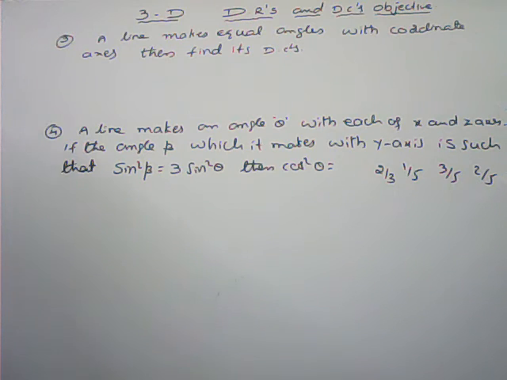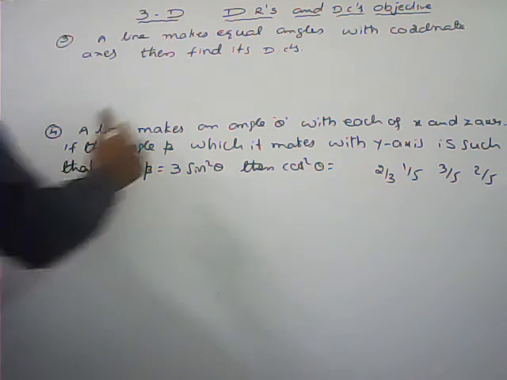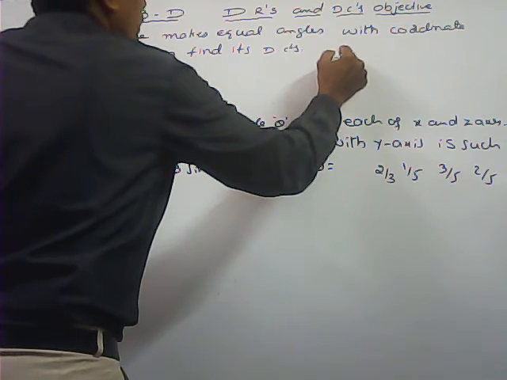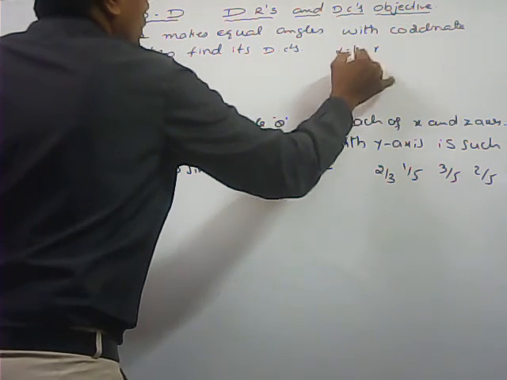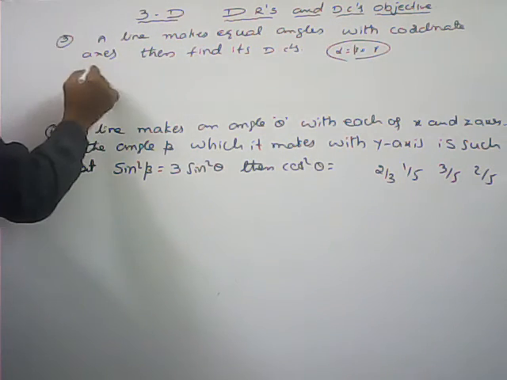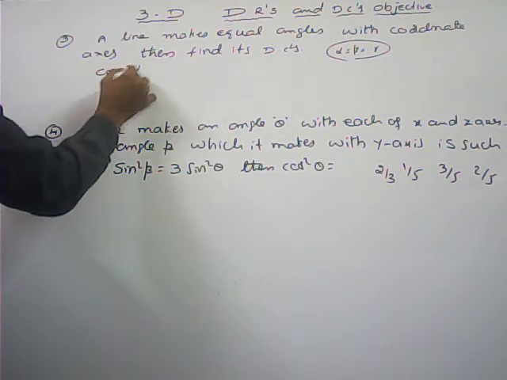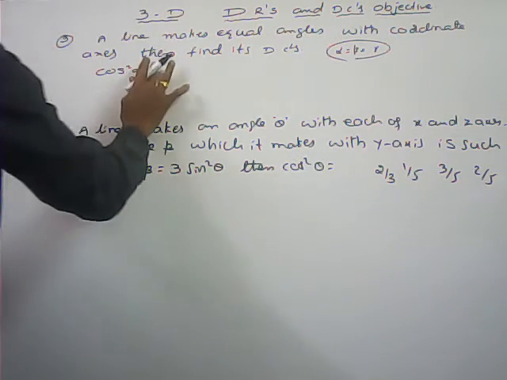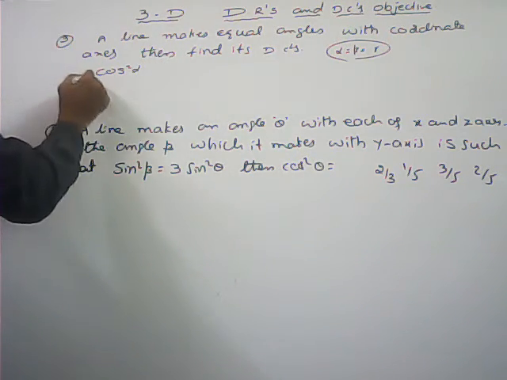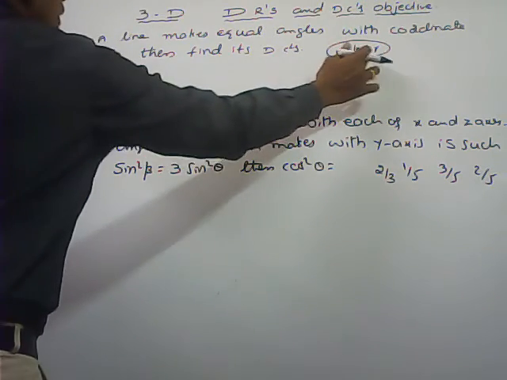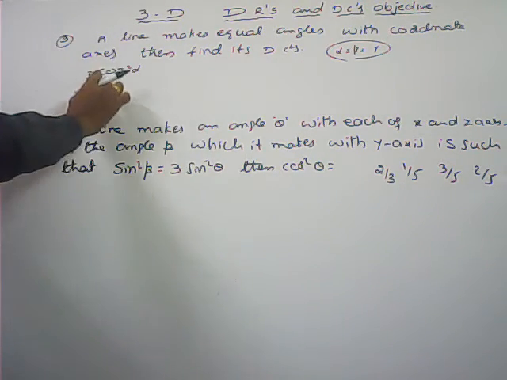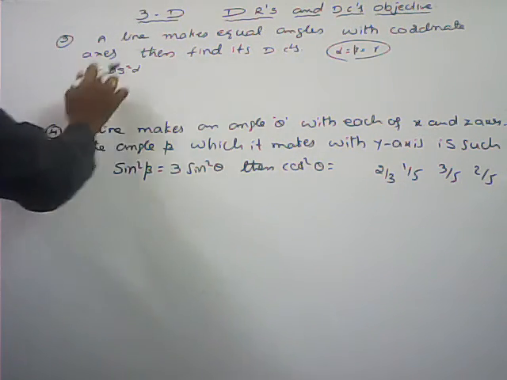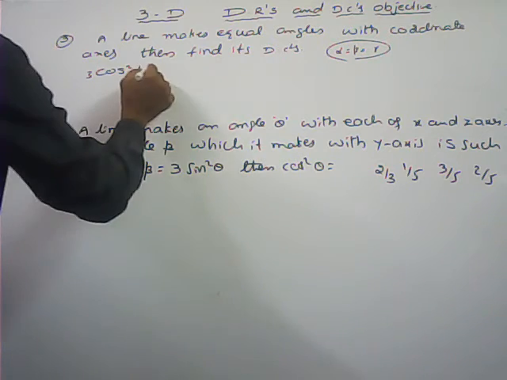Next, a line makes equal angles with the coordinate axes. Then find its direction cosines. Equal angles means alpha is equal to beta is equal to gamma. Then cos square alpha plus cos square alpha plus cos square alpha, since beta and gamma are also alpha, we get 3 cos square alpha is equal to 1.